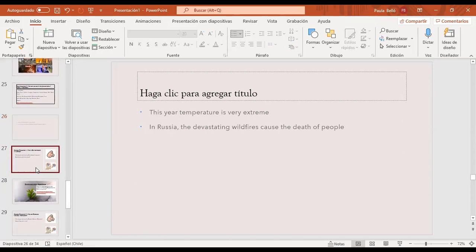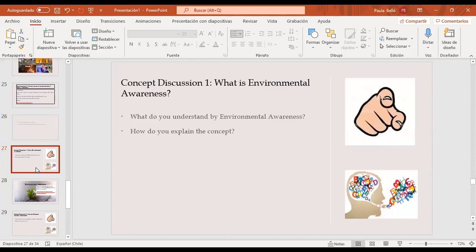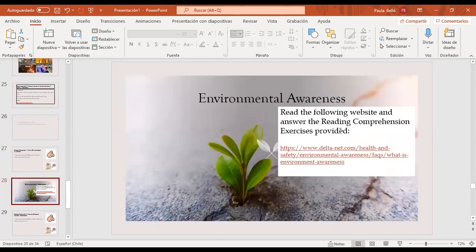sentences. The idea here is that you get to this concept discussion. What is environmental awareness? Yes, and what do you understand about this concept? And for this objective, you're going to read a website talking about environmental awareness. And it is in the task that I am going to send you now via WhatsApp Web.